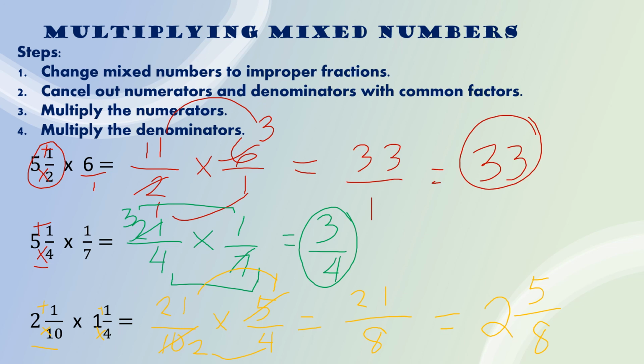So it means our answer is correct. Okay, so that's how you multiply mixed numbers or fractions by mixed numbers. First, you change the mixed number to an improper fraction, and then you can cancel out and then multiply the numerators and multiply the denominators.